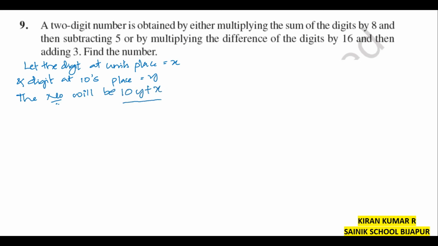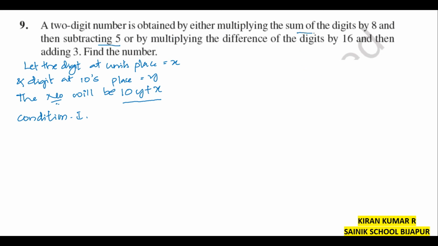It will always be in this format. Look at the condition. What is condition 1? A two-digit number is obtained by either multiplying the sum of the digits by 8 and then subtracting 5 or by multiplying the difference of the digits by 16 and then adding 3. Let me cut short till here.